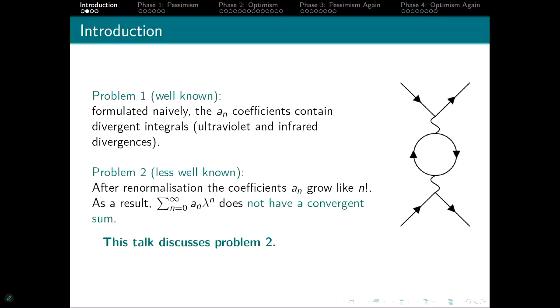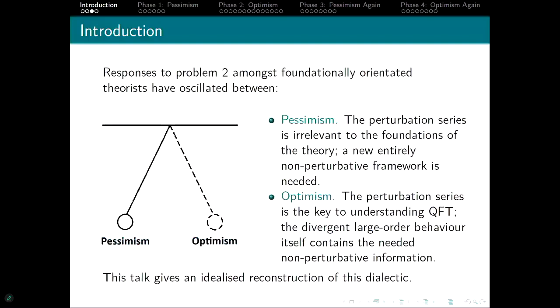So the series as a whole is not going to have a convergent sum. Even after we've dealt with one set of divergences occurring in each coefficient, we get another divergence problem when we consider the large order behavior of this expansion. And that's what I'm going to be focusing on today.